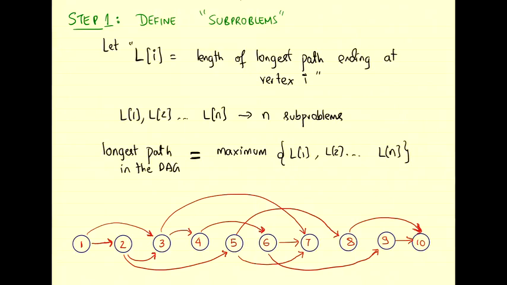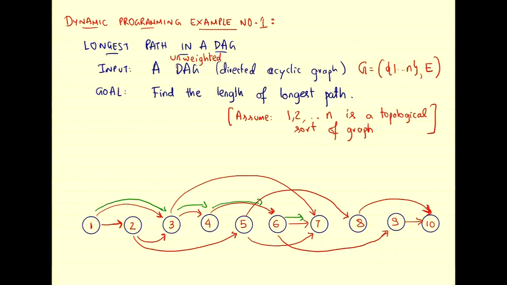Okay. So what happened last time? Last time we looked at the longest path in a DAG problem, and we designed an algorithm for it. I went over it very slowly because it's our first example of dynamic programming.